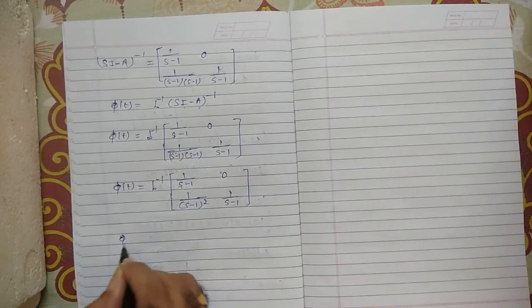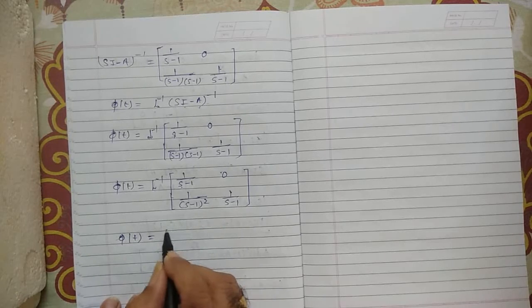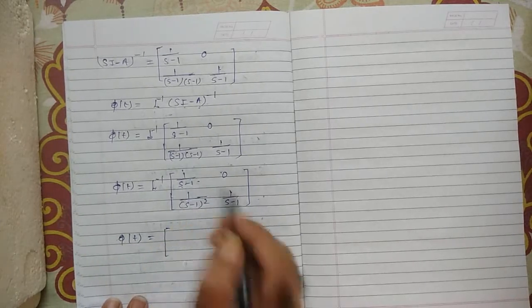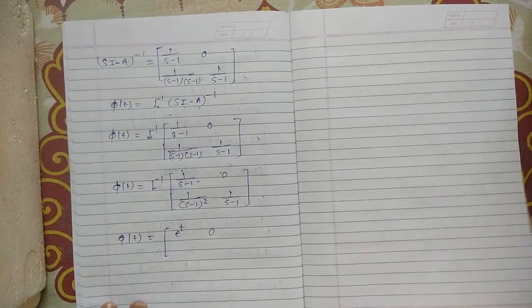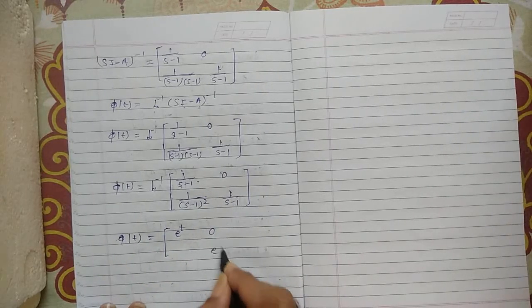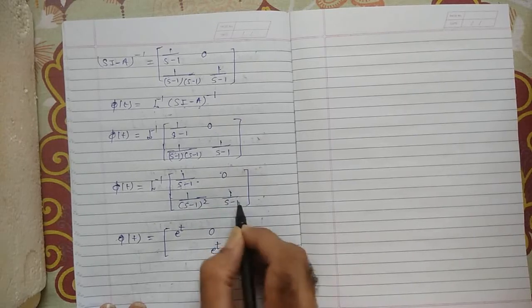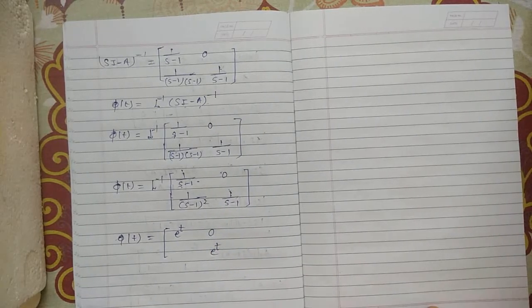So phi of t is equal to: the inverse Laplace of 1 by s minus 1 is e raised to t.